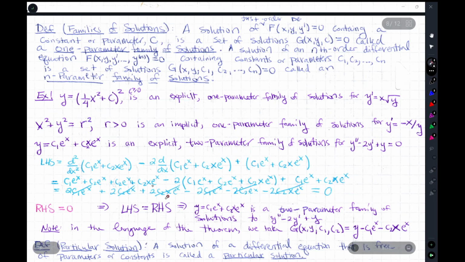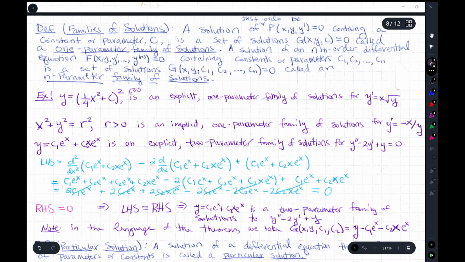And so these are indeed solutions. And notice that we just left C1, C2 there formally and worked with it. So we didn't fix it. We didn't say C1 must be greater than 0. So we just left it there. And we were still able to get that the left-hand side equals the right-hand side. In the language of this G that we see in the definition there, we would write G this way and just set that equal to 0.